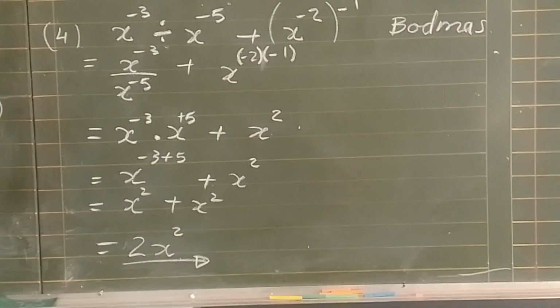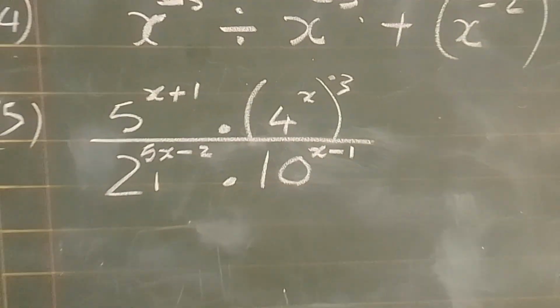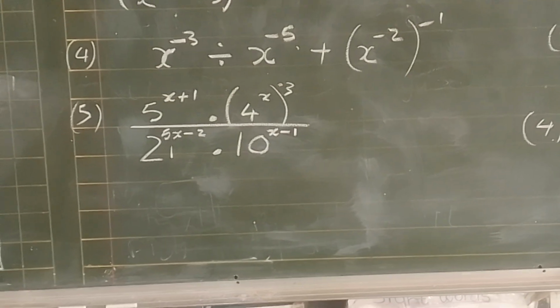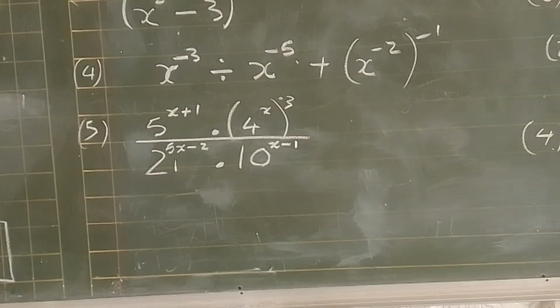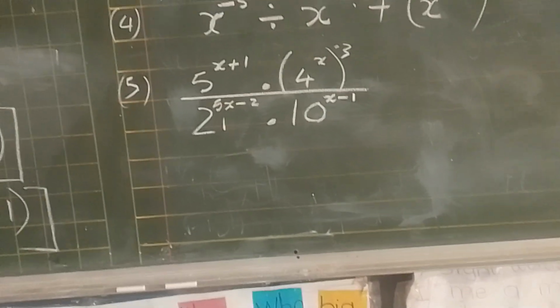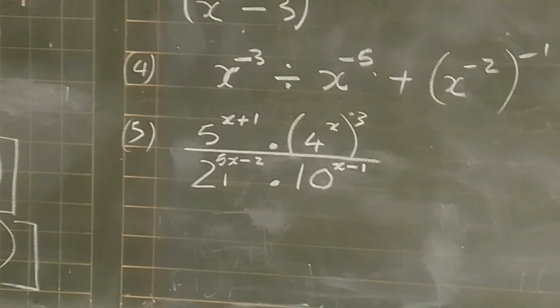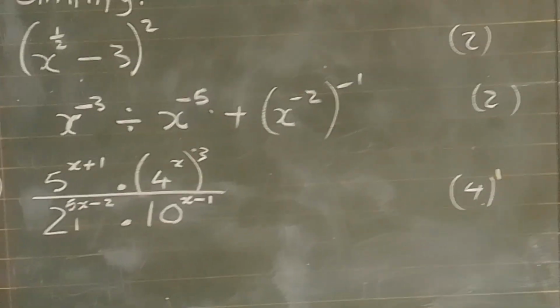Let's go and do number 5, the last one. Number 5 says 5 raised to the x plus 1, multiplied by 4 raised to the power x, open and close the bracket, to the power of 3.